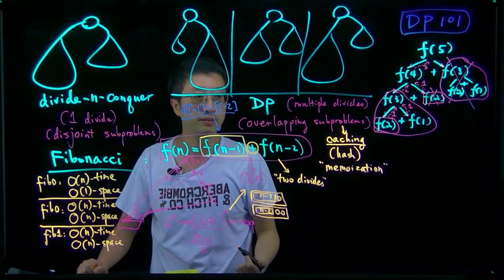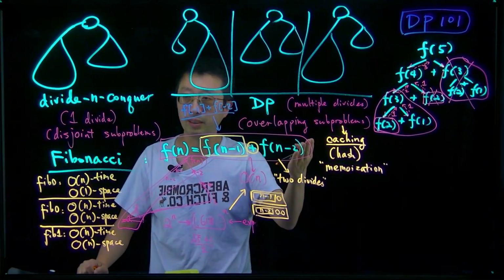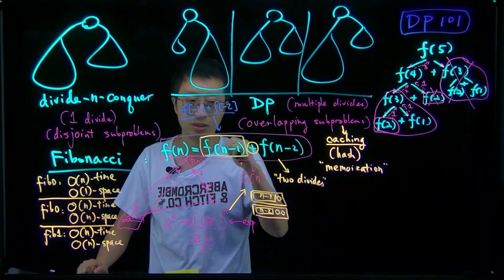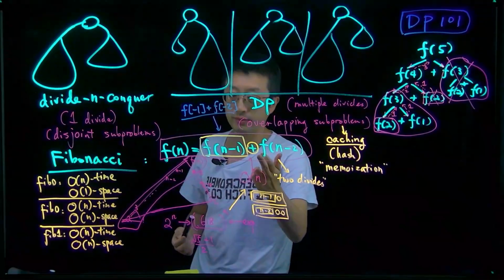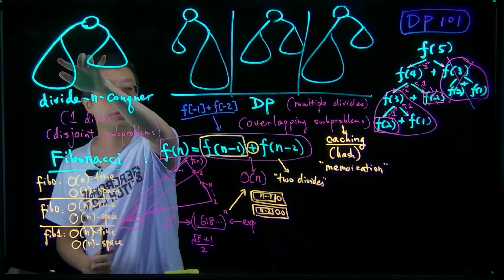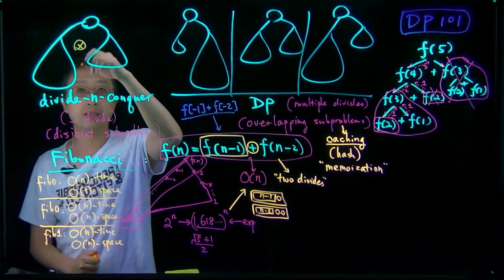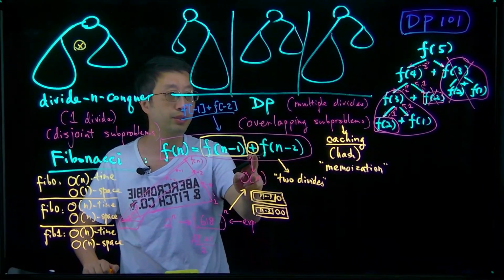There's only one divide. It's unique, either f of n-1 or f of n-2. There's never the case that you have both. So all we had is a concatenation operator. From now on, we'll call this concatenation operator the times operator, and the summary operator the plus operator.